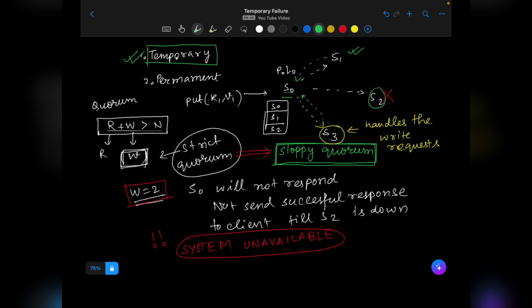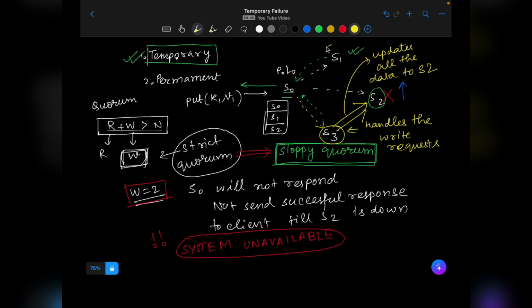S0 has 2 acknowledgements and thus sends a successful response to the client. Whenever S2 is up and running, S3 updates all the data to S2. Now S2 has all the data and the system is performing as expected.